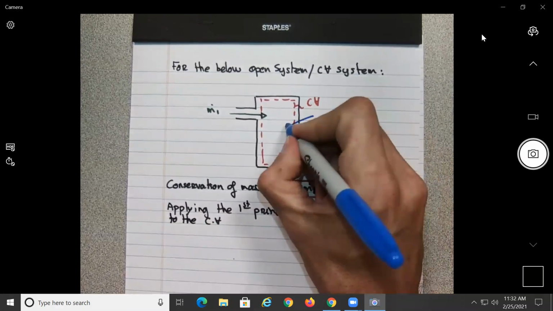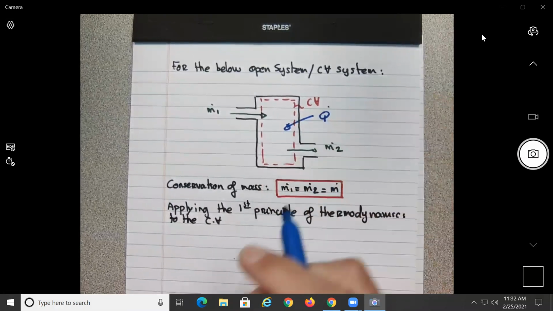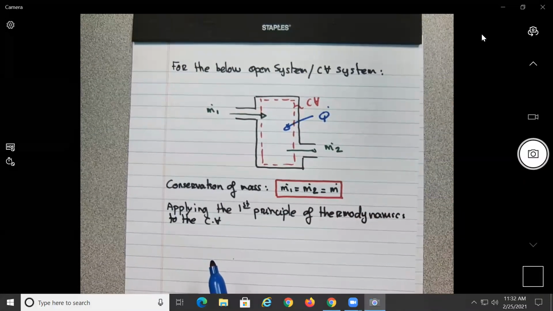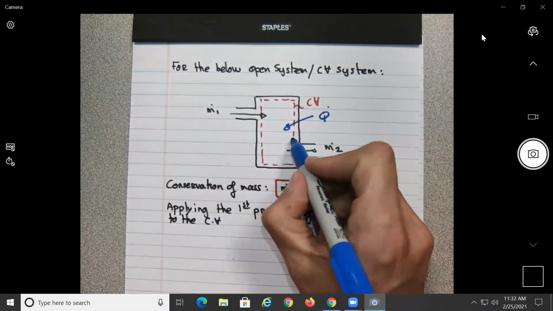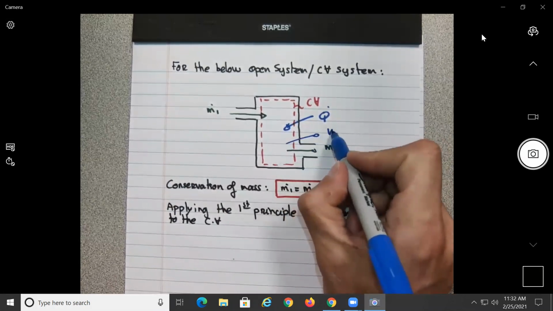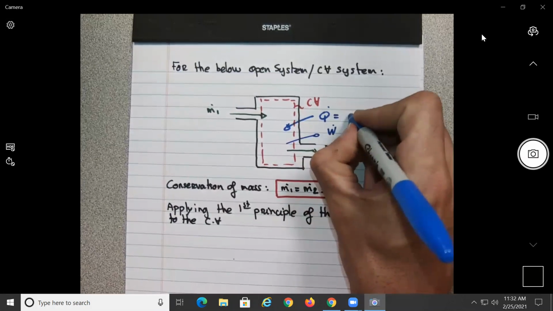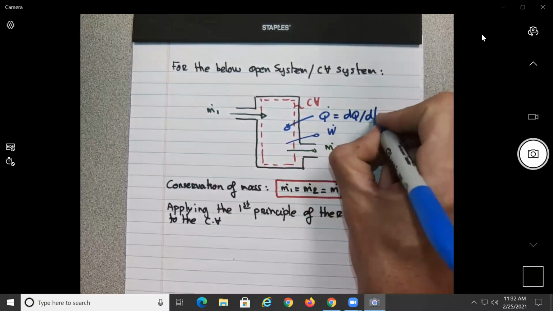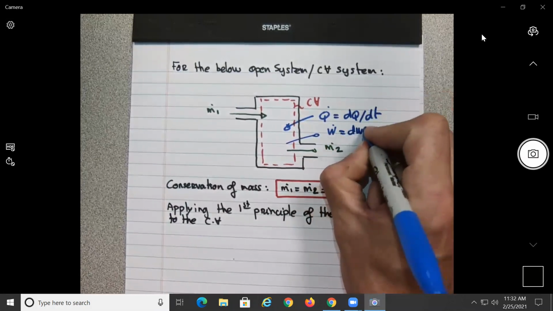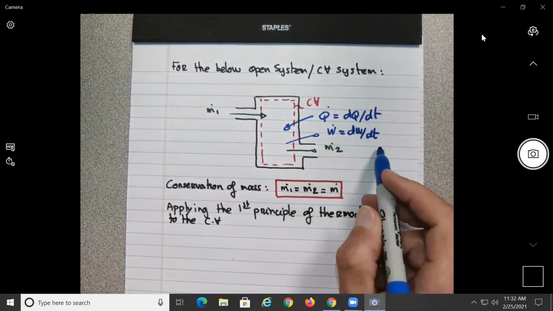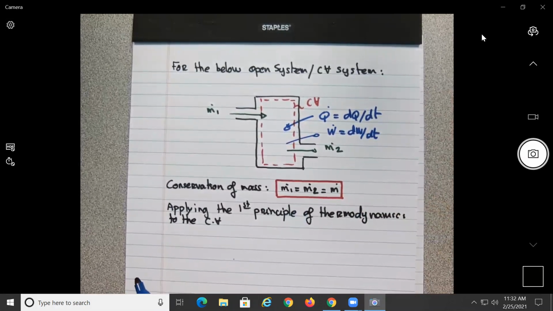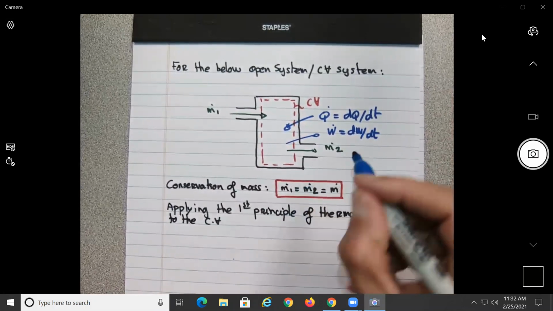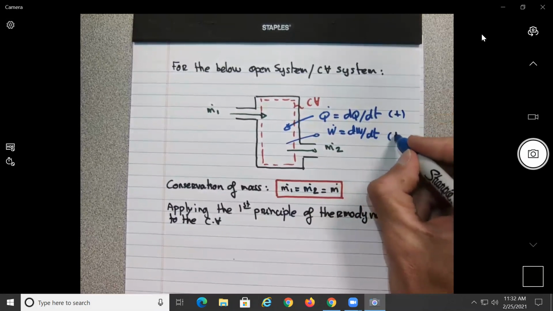Heat going in is positive, no? Then you can do the arrows in or out, doesn't matter. And then let's say you have work, but this time you see that I put the dot, so this is dQ/dt, and this is work per unit time, this becomes power, no? All right? Remember, this is the sign convention of the textbook.